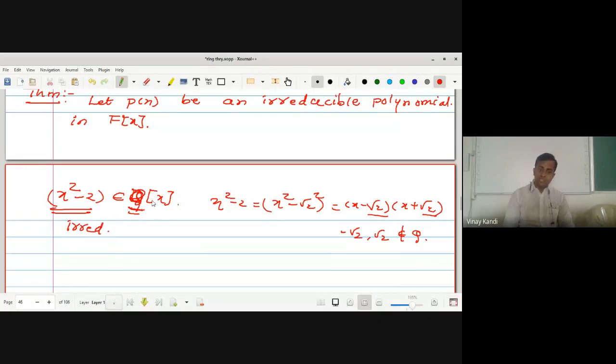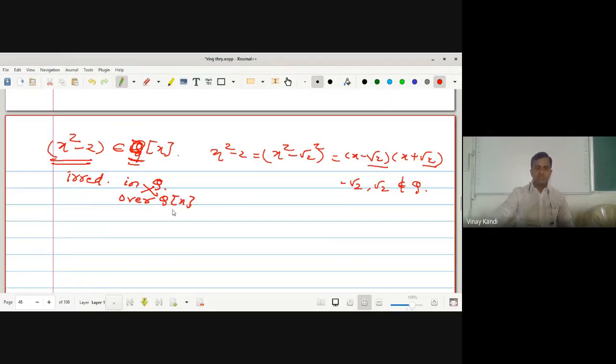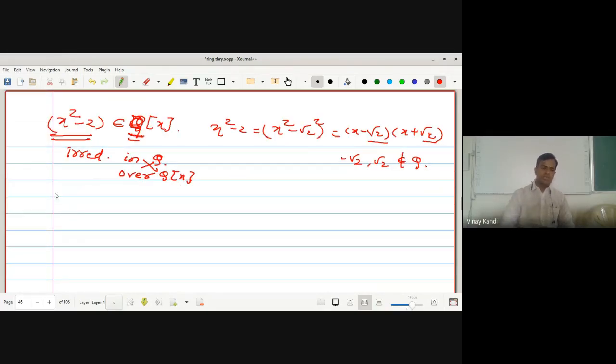It is important to say where it is irreducible: irreducible in Q of x, over Q. But the same example, x squared minus 2, if it belongs to R of x, will be reducible.